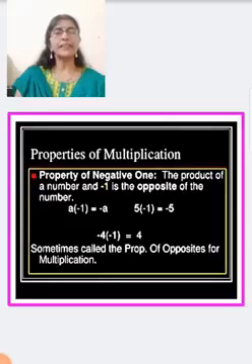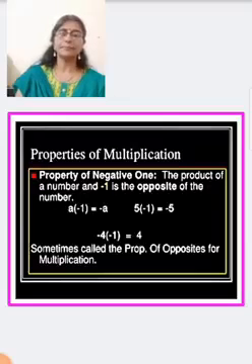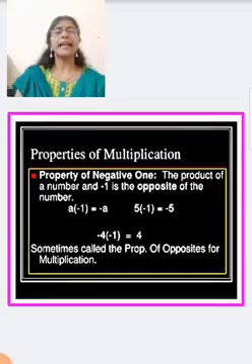The product of a number, any integer or any number, when it is multiplied by minus 1, we get the opposite of the number. That means suppose A is an integer and if you multiply it by minus 1, A multiplied by minus 1 will be minus A. It is also called as additive inverse of that integer.